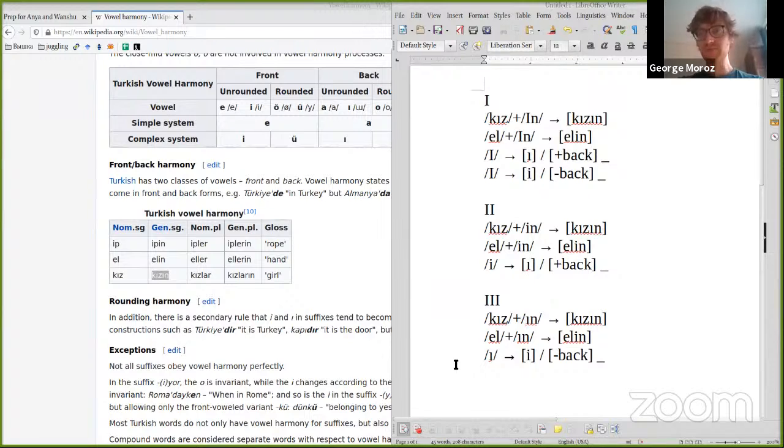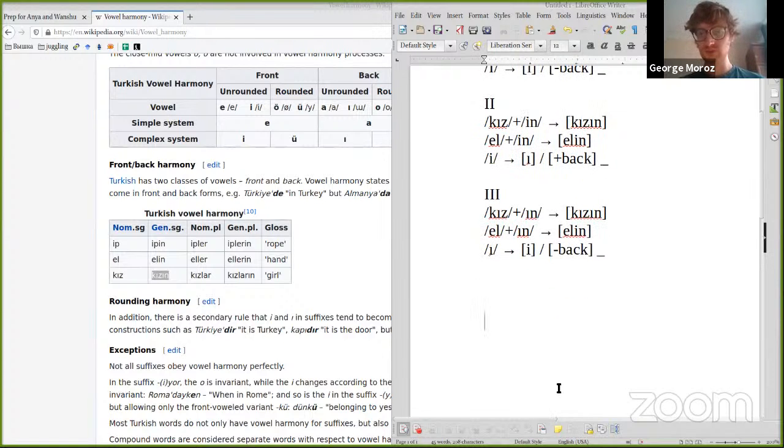But again, let me repeat this. We don't have this in Nakh-Daghestanian languages, as far as I know, because all morphology there is built like this: for noun morphology, for instance, we have this term, and this is absolutive, then we have the oblique stem, and then we have some endings.